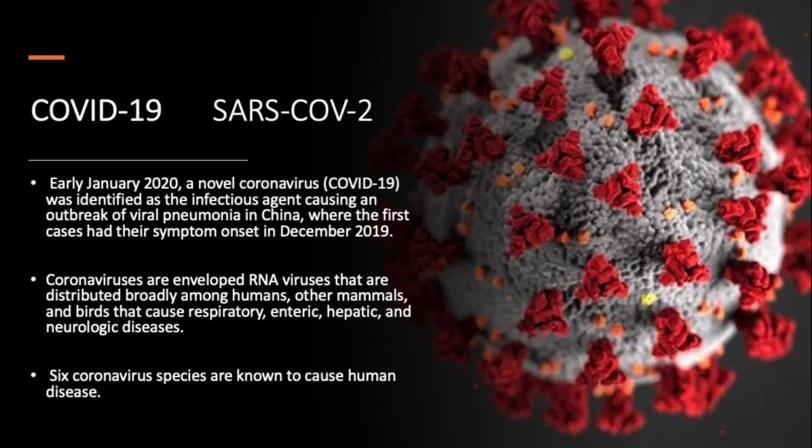There are 6 coronavirus species, so the one we're dealing with now is not the first, and it's interesting that we're starting to see some of the potential vaccines come out of the original coronaviruses.